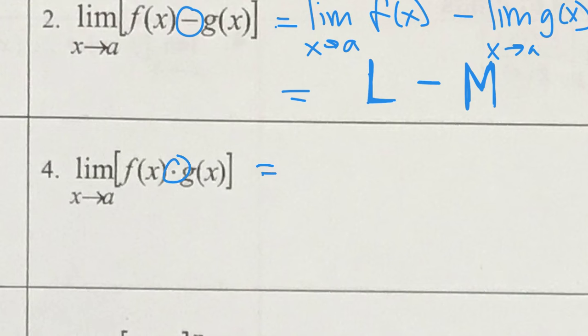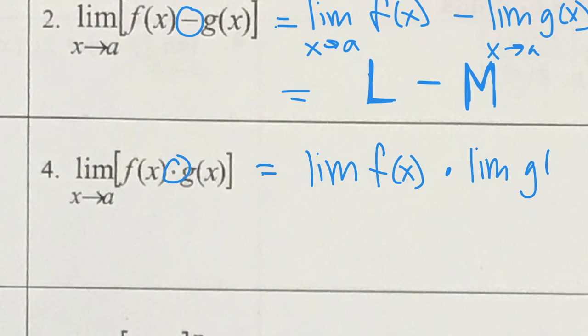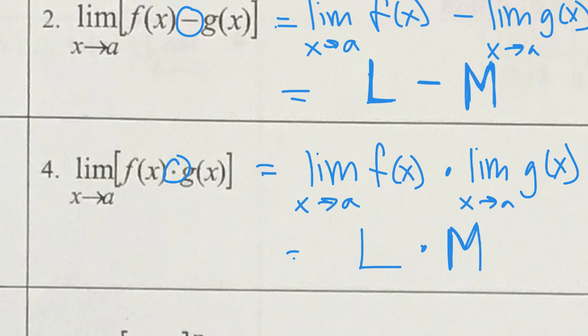Guess what we're going to do here, kids? We're going to take the limit of each of them separately and multiply them together. So the limit of a product is the product of their limits. So L times m. The limit of f times the limit of g.